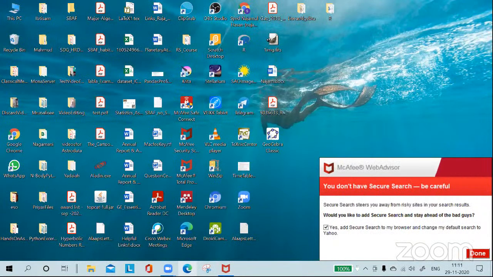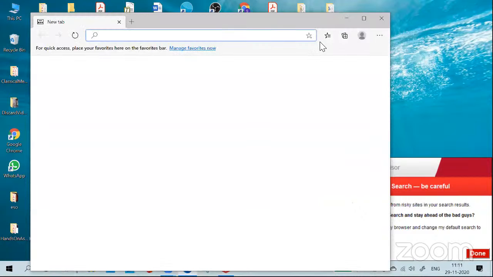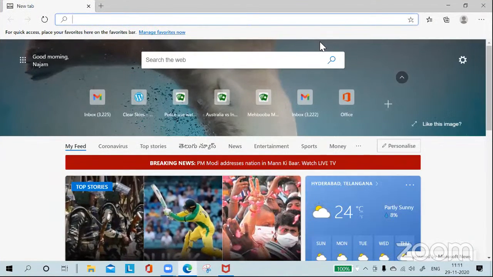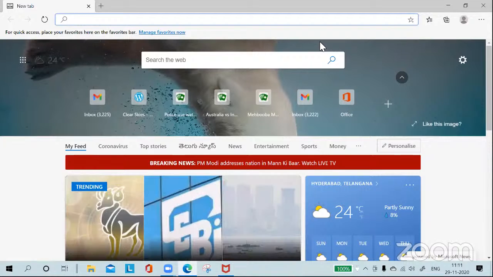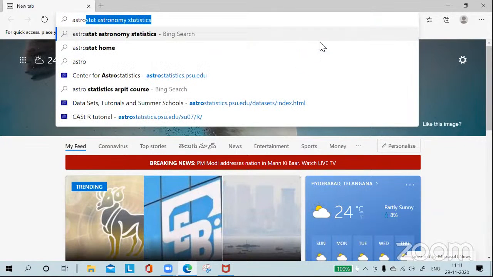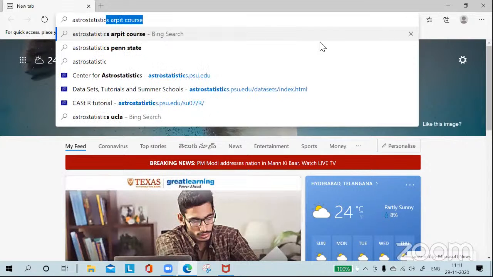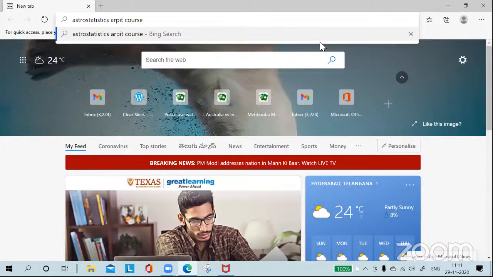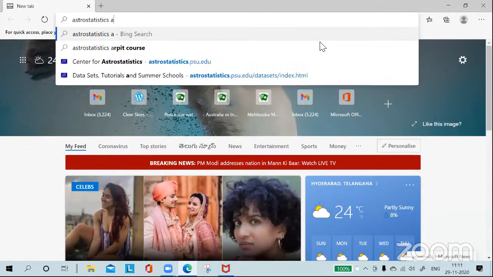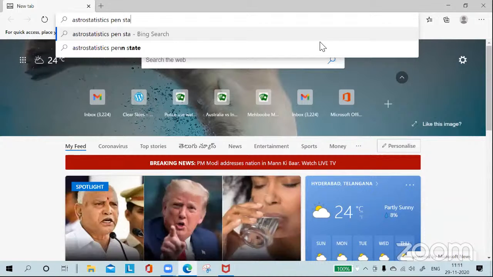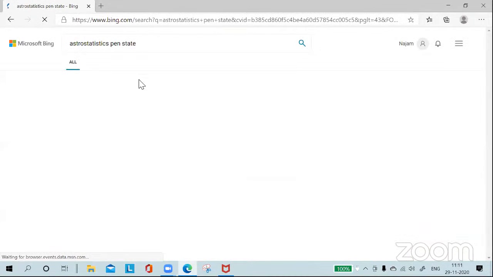Okay, and very good. See, R is all over the net, but if you are looking for statistics, you just look for astrostatistics, and I've given the link in Telegram, Penn State University.